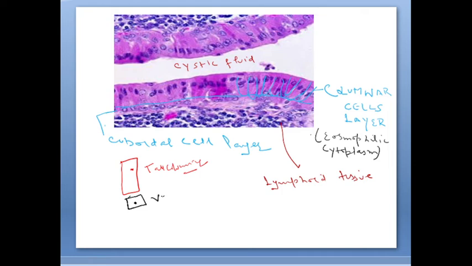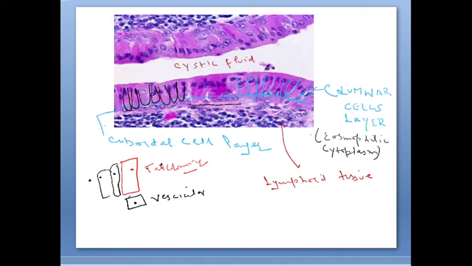The nucleus here is vesicular and here the nucleus is palisaded. That means nuclei are arranged almost at a similar level. So this is the bilayered epithelial cell layer which is prominent here. The tall columnar cells have nuclei arranged at a similar surface.